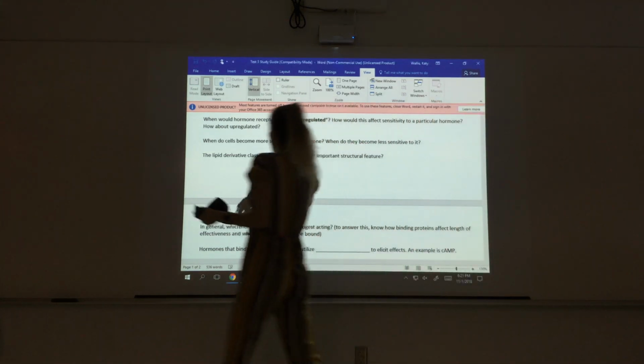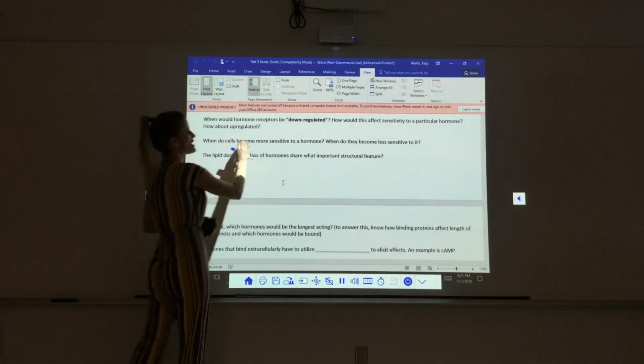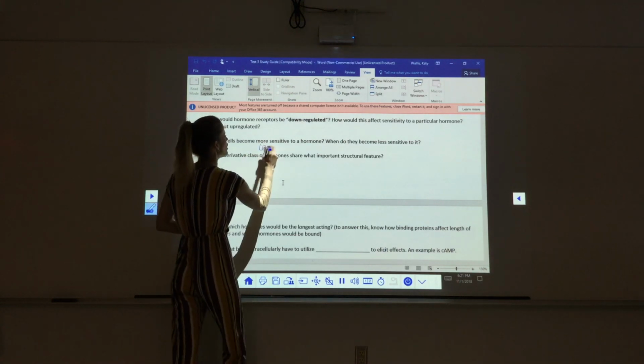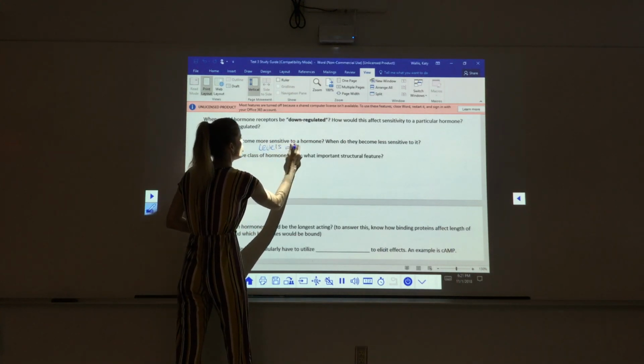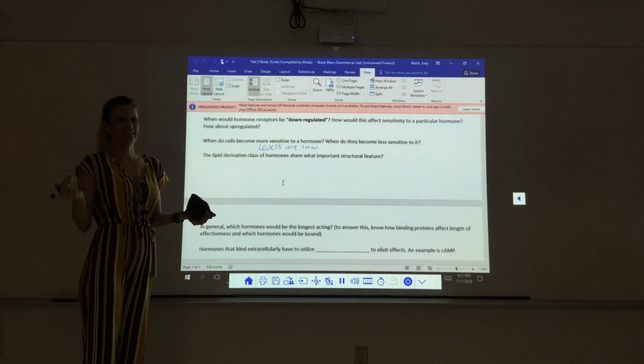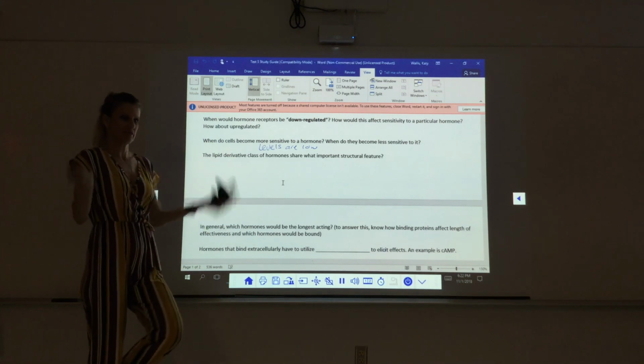Sure. Maybe it's this type of sentence that's confusing. When do cells become more sensitive to a hormone? When levels are low, they become more sensitive. How do they become more sensitive though? Upregulation. They get more receptors, because it's the receptors that determine how sensitive they are.